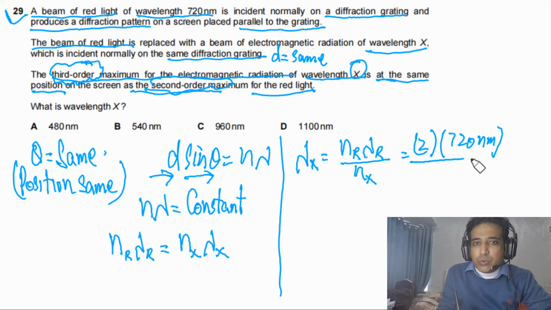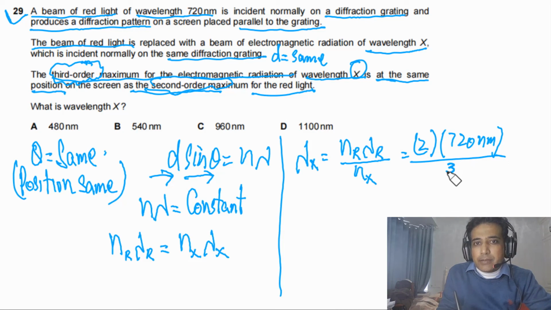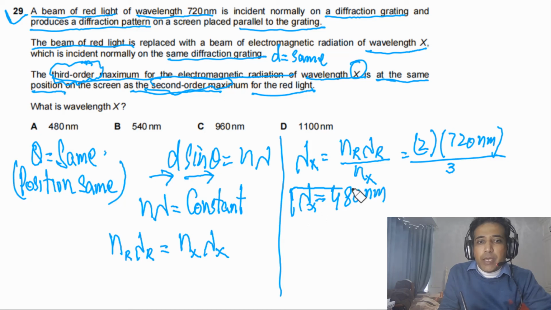We do not need to change units, and n of X is 3, so divided by this. Now if we simplify this, we will get our final answer, which is 480 nanometers.